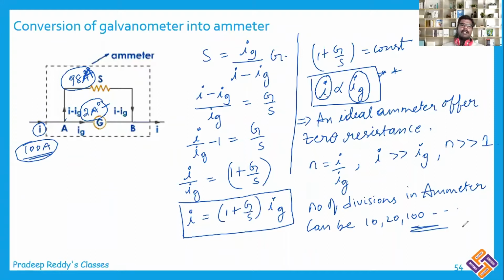This is how the ammeter divisions can be constructed based on I proportional to Ig, depending on the galvanometer resistance and the shunt resistance which you are adding in the circuit. Based on that, you can construct an ammeter which measures current. And the galvanometer, when connected with a shunt resistor, acts as an ammeter. An ideal ammeter will offer zero resistance.